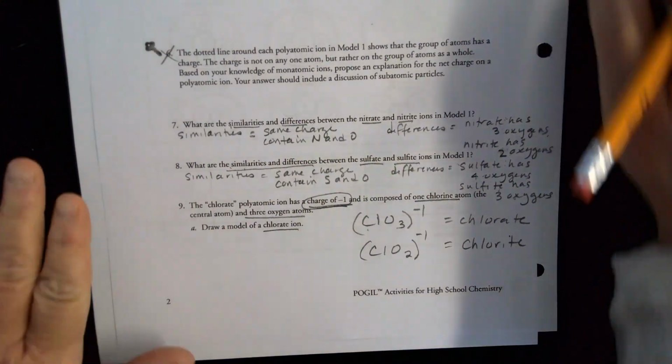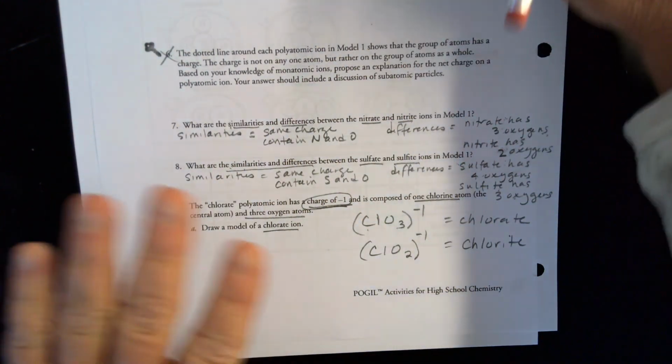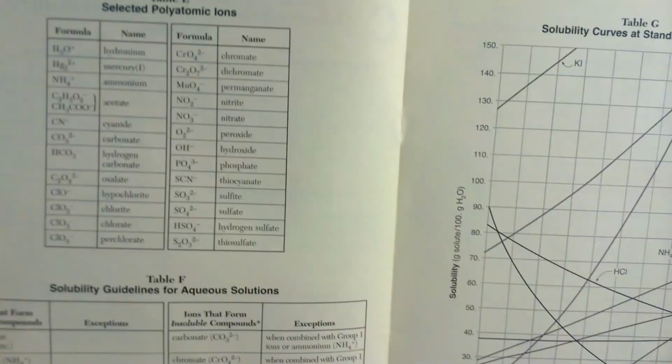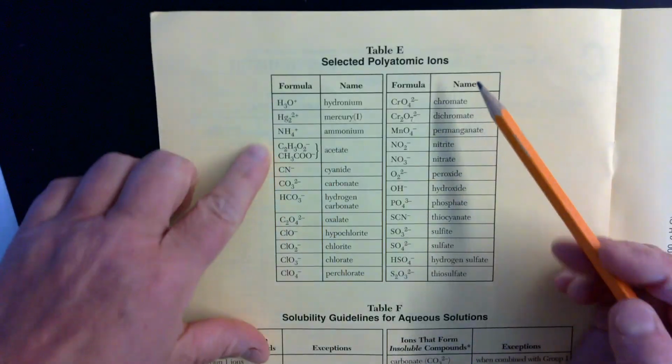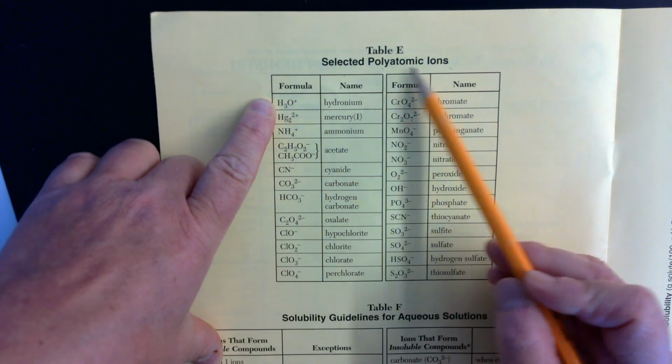Okay, so there's a lot going on here that's just sort of an introduction to polyatomic ions. There's a lot that I just threw at you, but I want you to recognize that in your reference tables, we are now going to be able to access reference table E, which is called selected polyatomic ions.